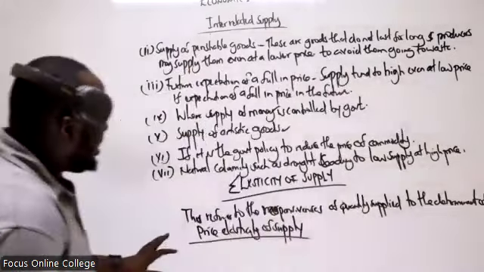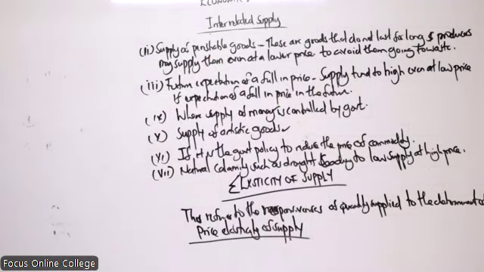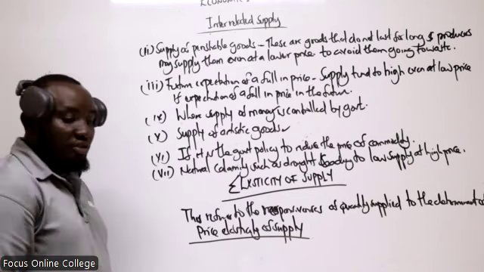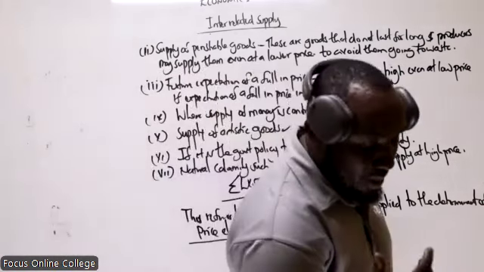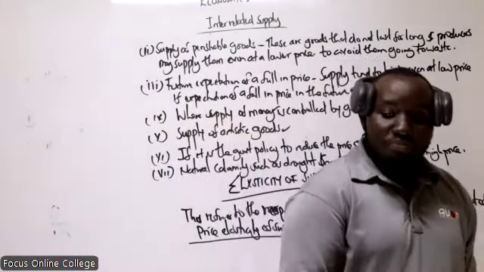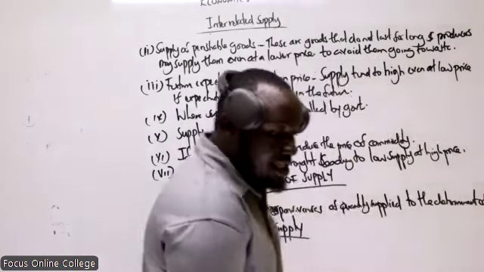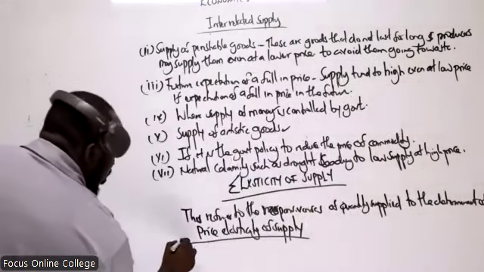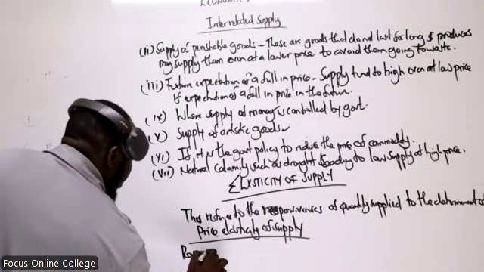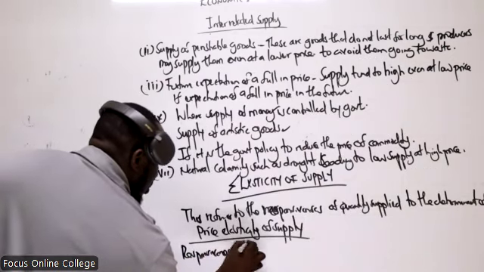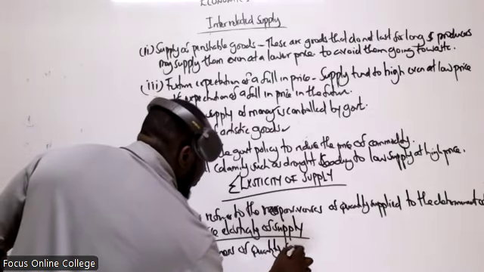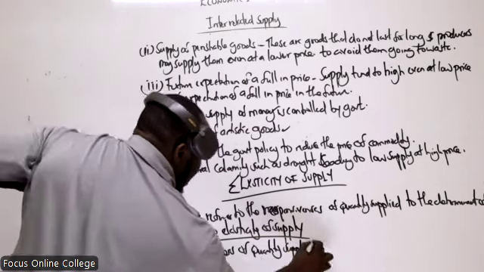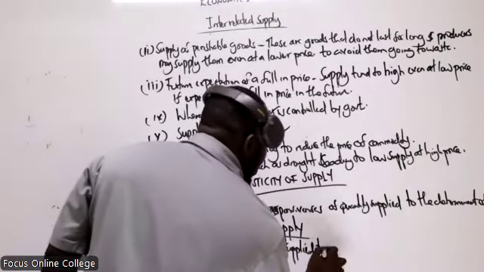So then, price elasticity of supply. Price elasticity of supply is the responsiveness of quantity supplied to changes in price.